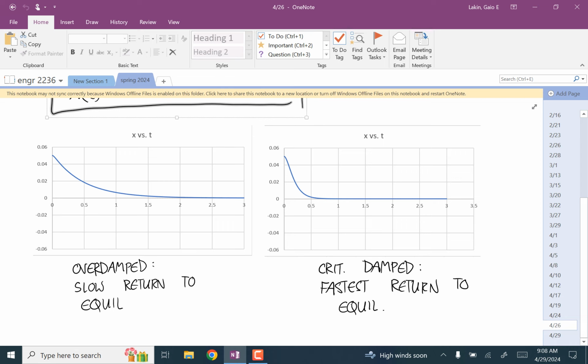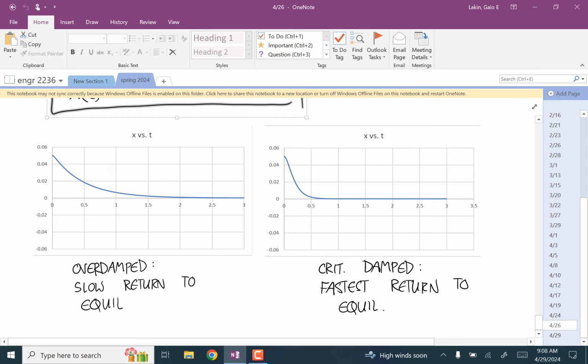So if you look at overdamped and critically damped, for the same mass and same spring constant, both of those, even though you can't see it very easily in the overdamped case if you zoom in, have zero slope at time equals 0. We required that, and both of them have a value of 0.05, which is just what I was using as my L. That's where it was released from at time equals 0.